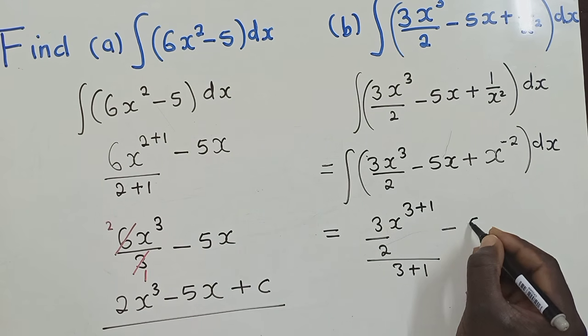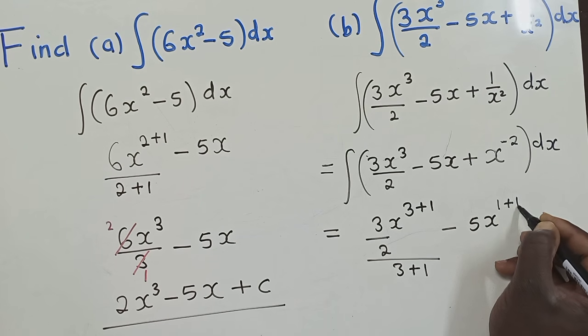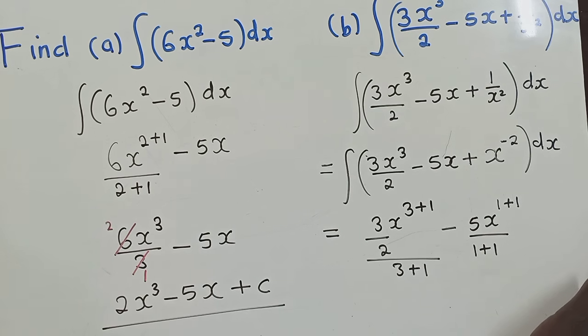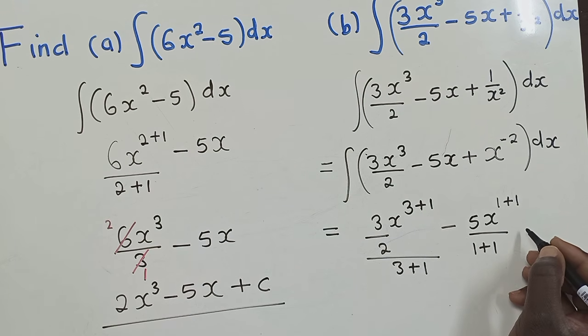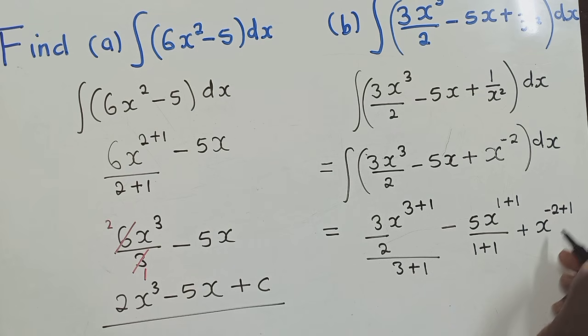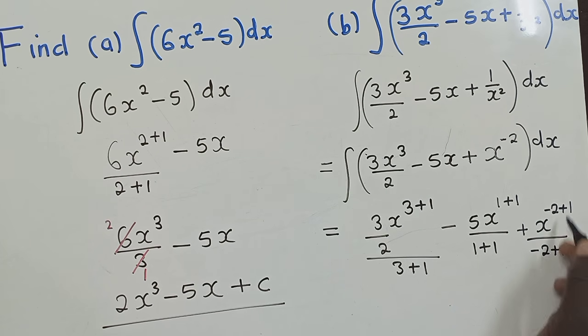So here we say minus 5. What power is here? It's 1. So plus 1 over the same that we have here. Okay, here we say plus x. Okay, there we have a 1. Here we say plus 1. And we divide by what we have right here.